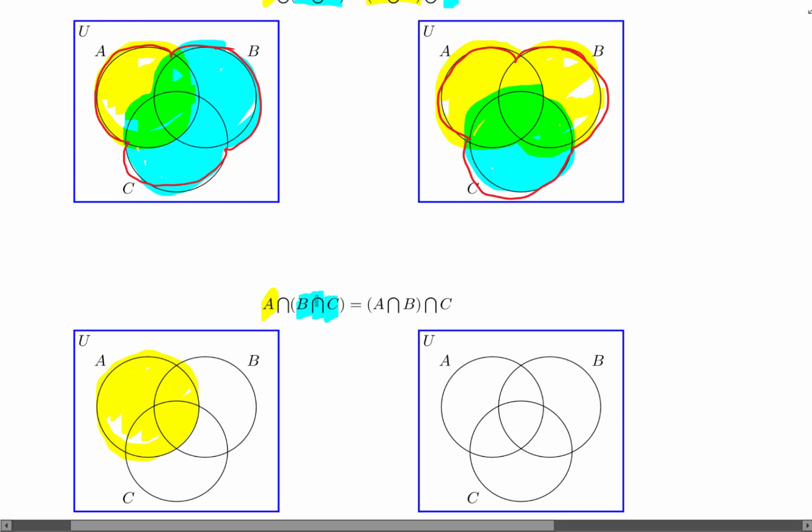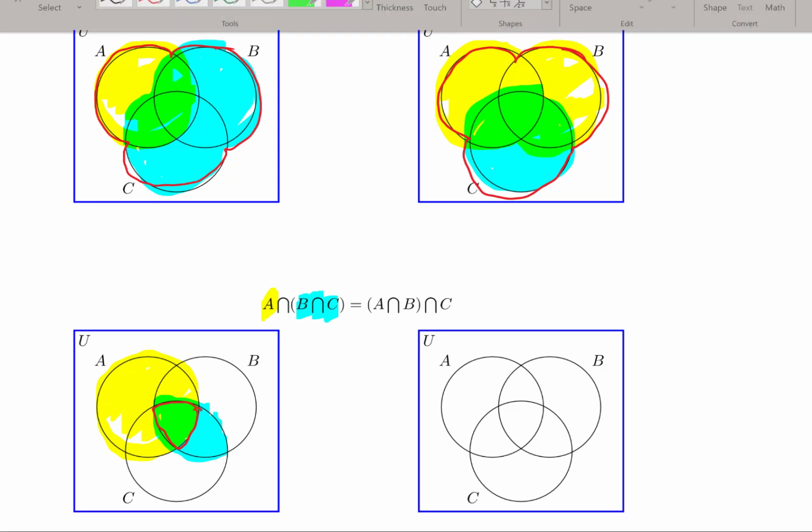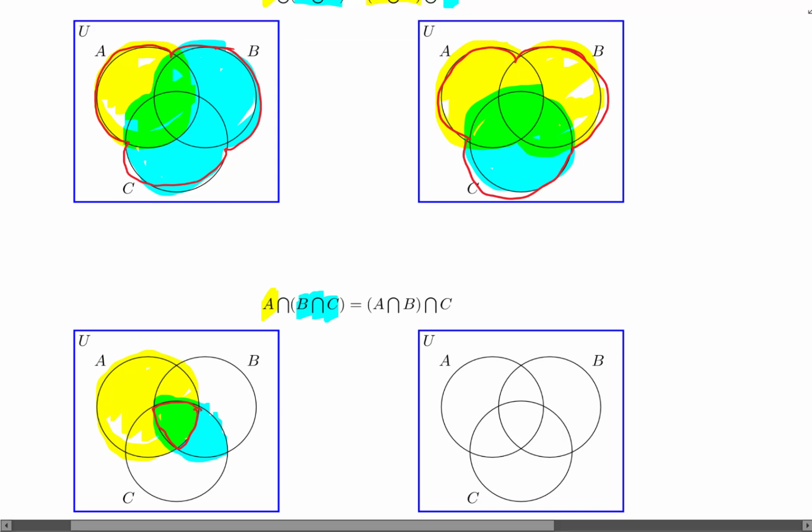And then B intersect C is going to be this guy right here. And so ultimately what we're looking at is this green that is highlighted here. Right, and so that's the set we're looking at that's being described by the left-hand side of the equation.